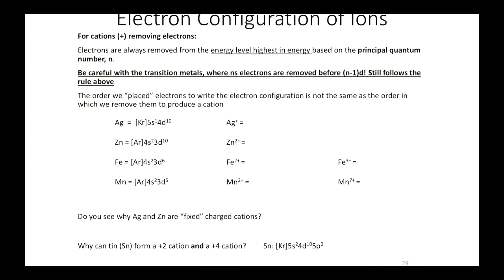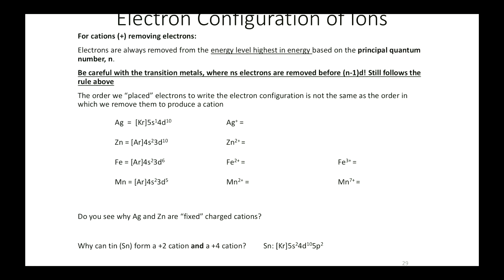So let's do the weird ones. When we learned about naming and variable cation charges, you just kind of believed me. But this is why we see variable charged cations, especially with the transition metals, because we often can remove a variable number of valence electrons depending on what orbitals they originate from.